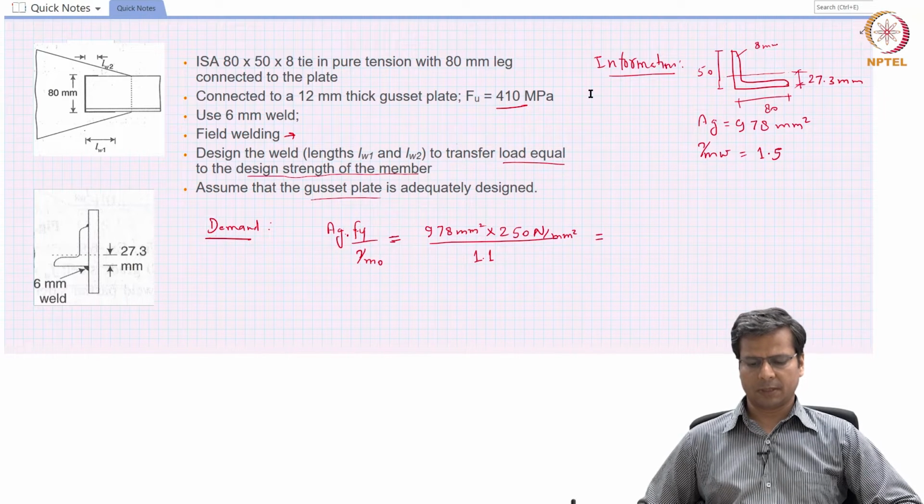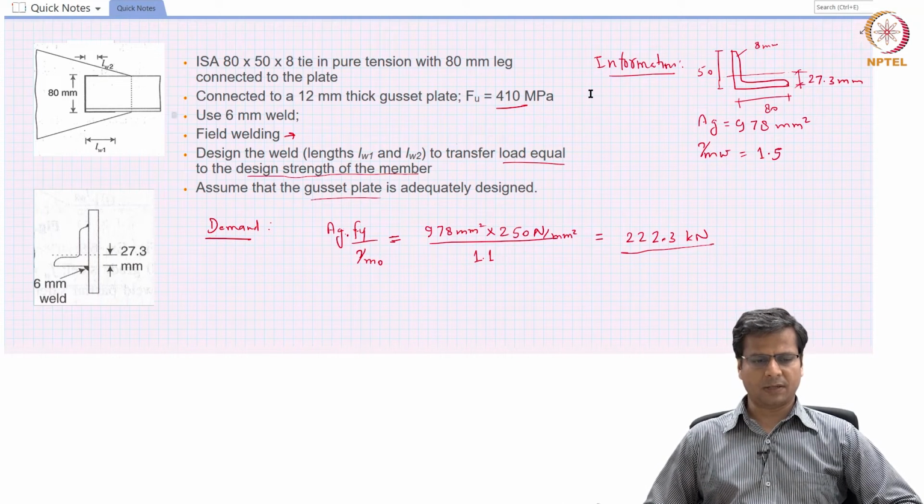This can be calculated as 222.3 kilonewton. That is the design tensile strength of the angle, and the weld should be designed to match this strength.